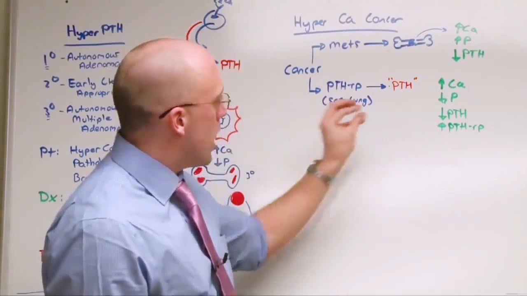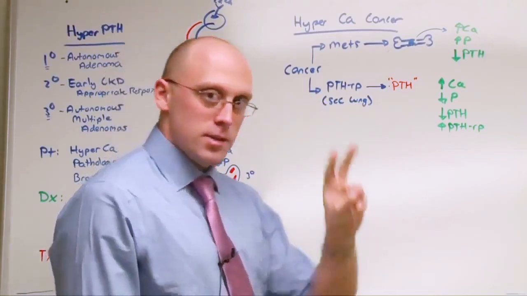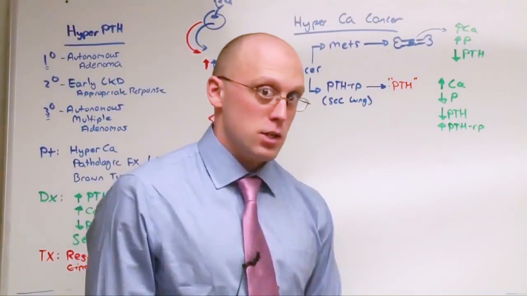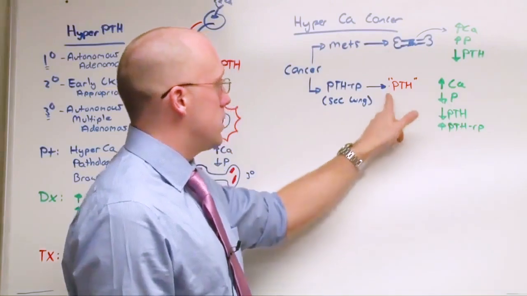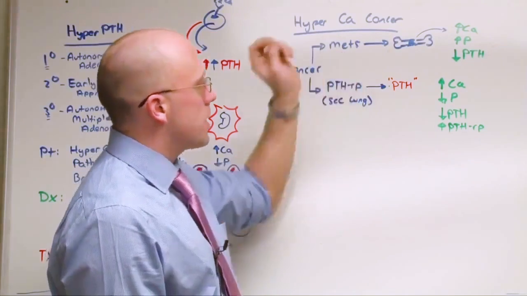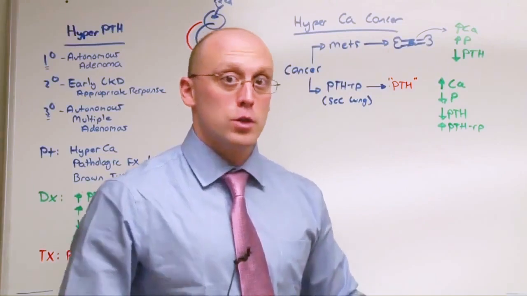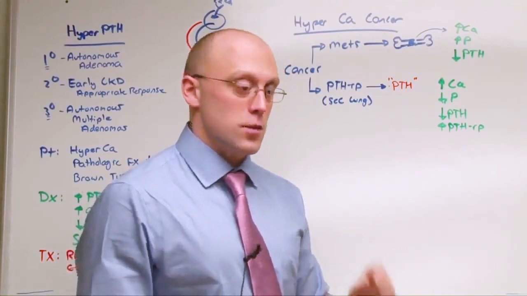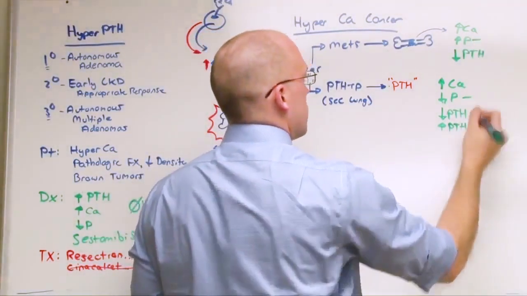So what's driving hypercalcemia and paraneoplastic syndrome is PTH, but the PTH is low. So the calcium is elevated because of PTH. In cancer from metastasis, the calcium is elevated from the metastasis, and therefore the parathyroid hormone is low. The difference between them is the phosphorus.